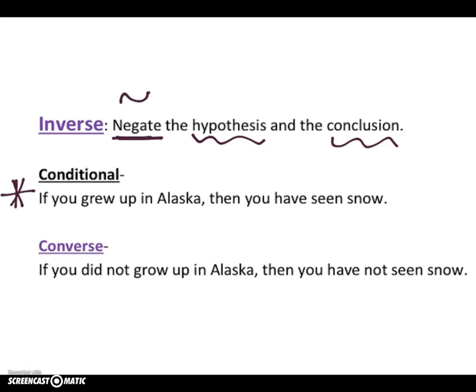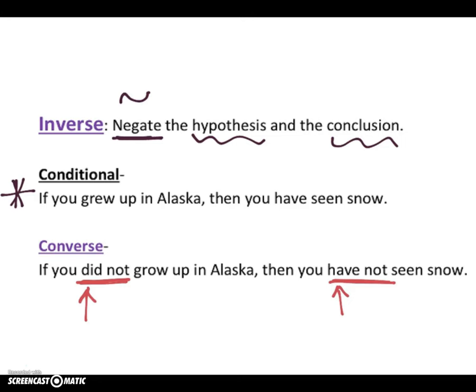Our original conditional says, if you grew up in Alaska, then you have seen snow. So we want to add not into both the hypothesis and the conclusion. We say, if you did not grow up in Alaska, then you have not seen snow. You notice we have these little helping verbs here, and that's fine. The big key is we're changing the meaning of that statement to the opposite. And you'll notice that we have added the word not into both of these, not just one of them.